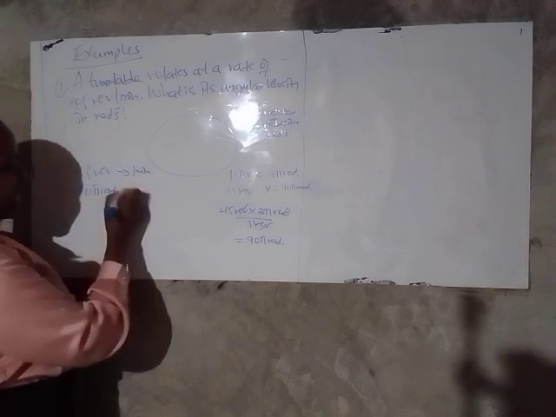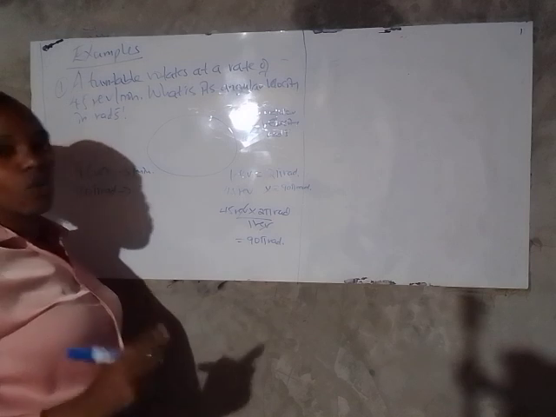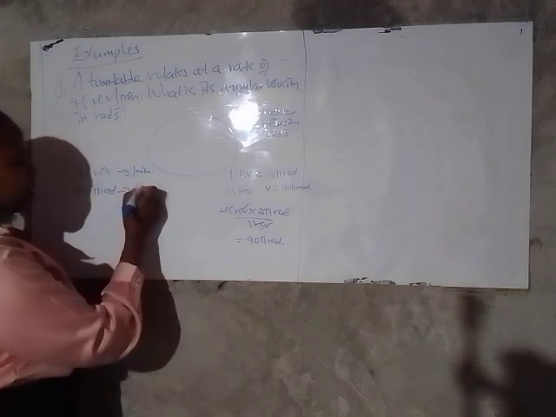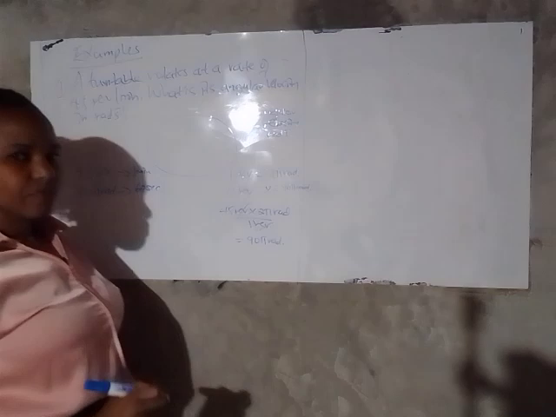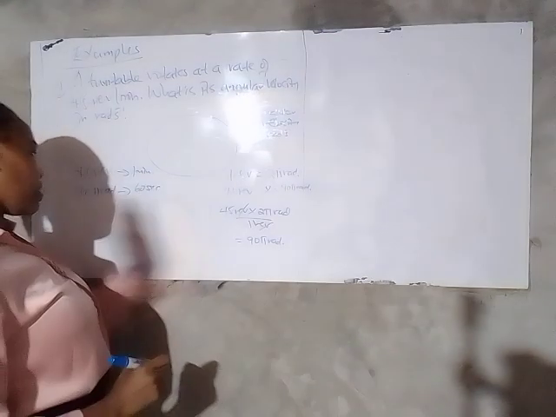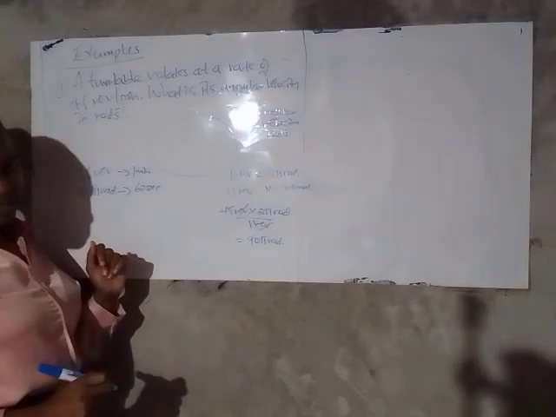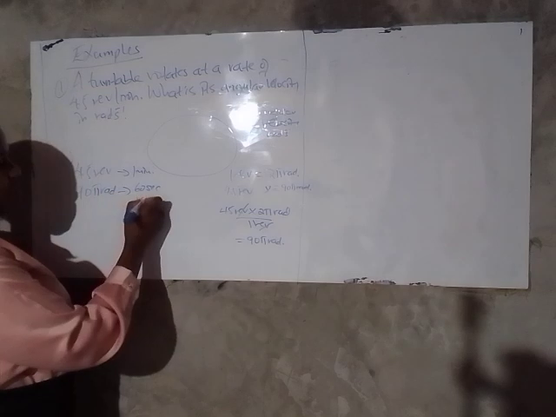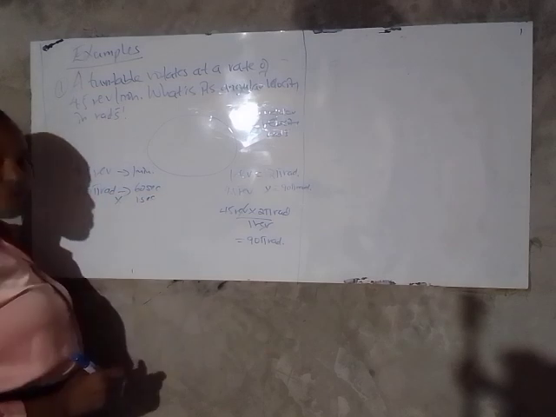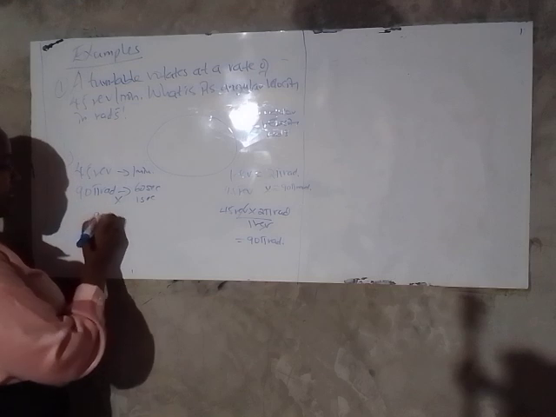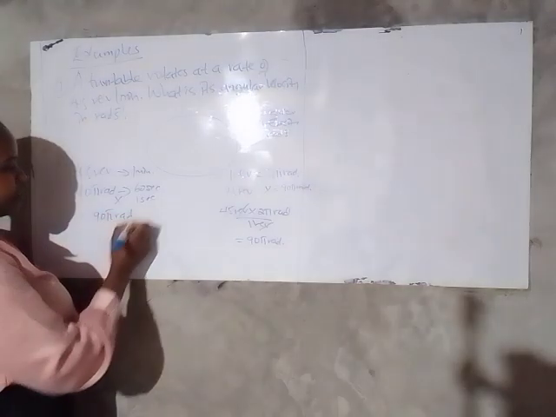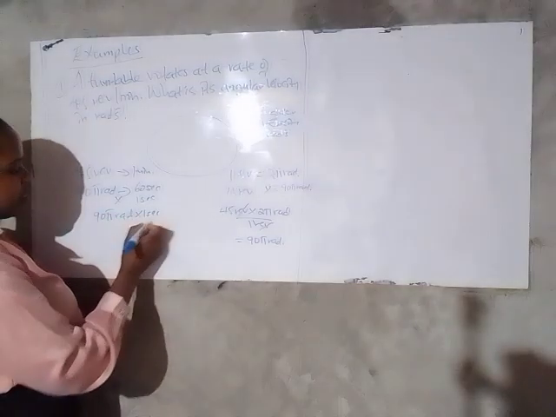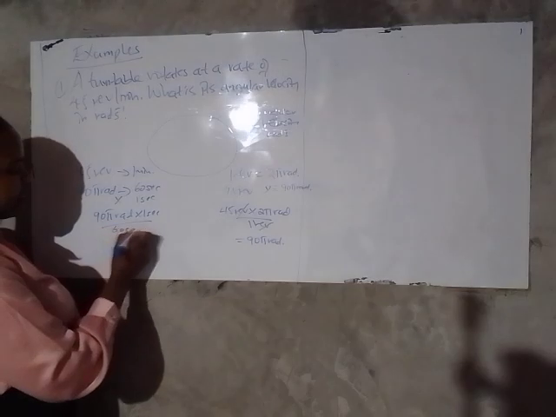In how long? In 1 minute, and we know 1 minute is 60 seconds. So in 60 seconds, it is covering 90 pi radians. So what about in 1 second? We simply cross multiply.